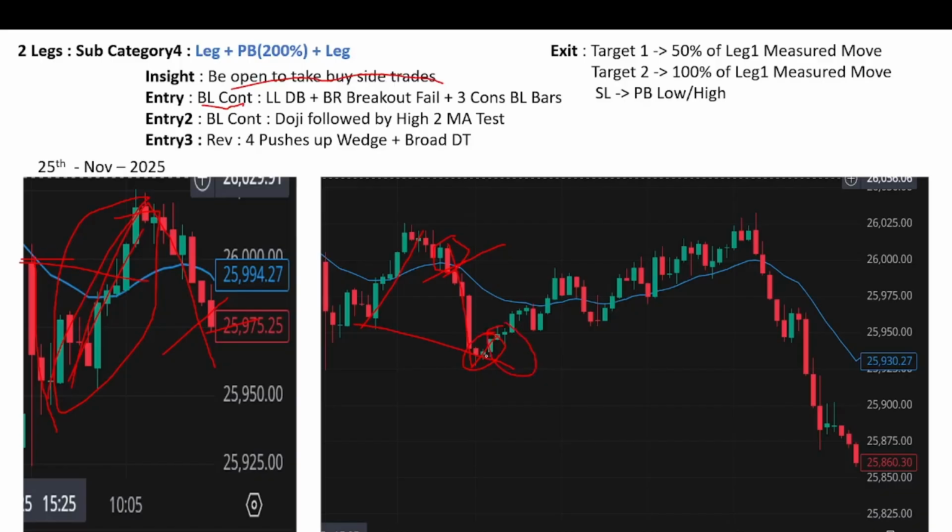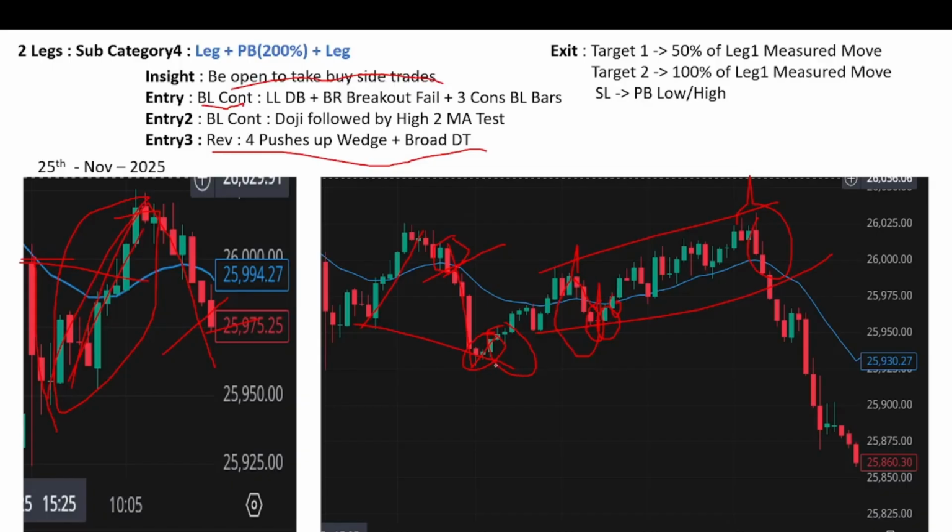You can enter here, and let's say you have exited here when 3 consecutive opposite bear bars entered, but you can get a re-entry when this doji has made and it is followed by bull breakout again. You can take another entry, and that will give you profits based on the bear channel, and you can exit around here. And the last one is reversal.